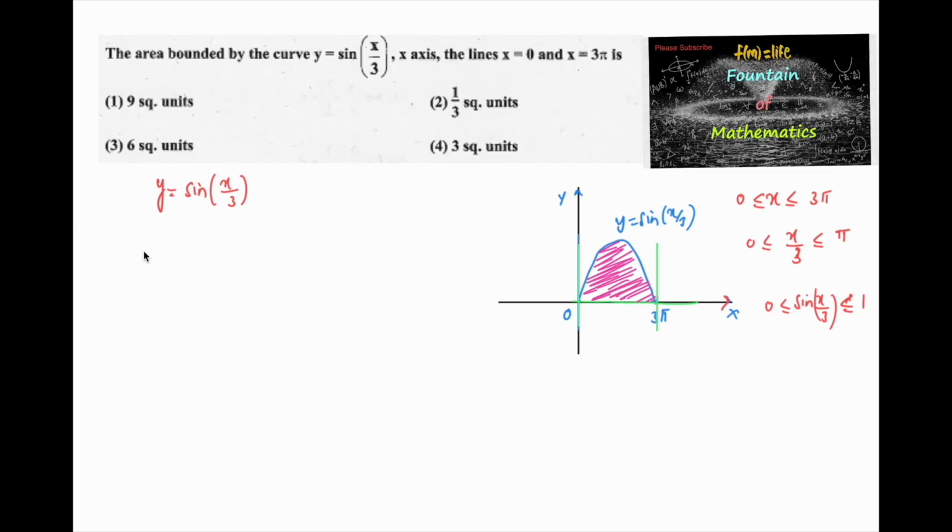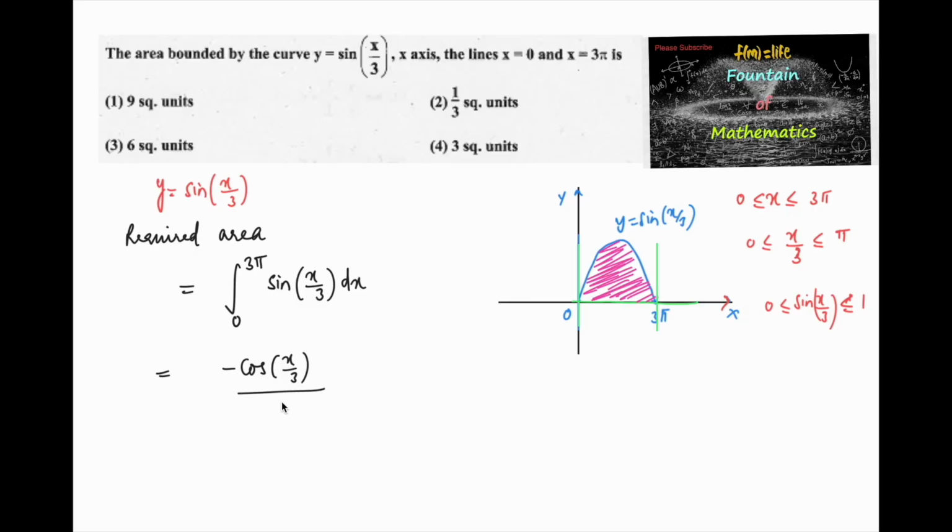So by using integration, we can find the required area, which is equal to integration 0 to 3 pi sine of x upon 3 dx, which is equal to integration of sine is negative cos of x upon 3, and the coefficient of x is 1 upon 3, so it is divided by 1 upon 3, over the limits 0 to 3 pi.